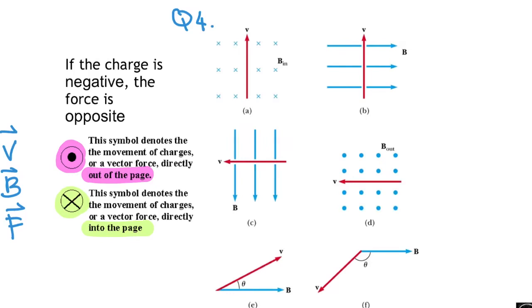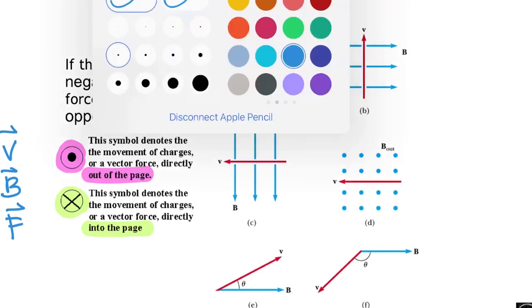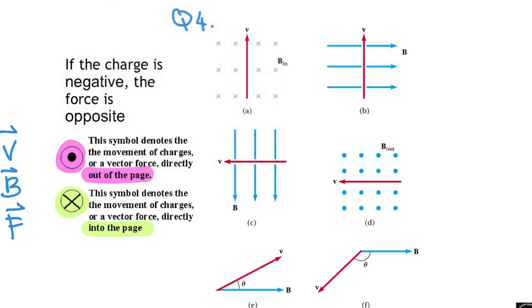So the rest of the 4 fingers are entering the screen or page. So your thumb is pointing to the left. This will be the direction of your force, provided that a positive charge is entering the field in this way.